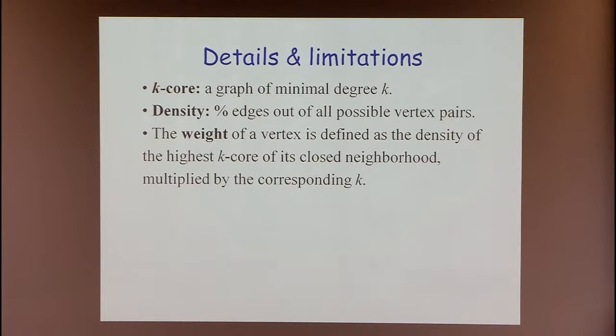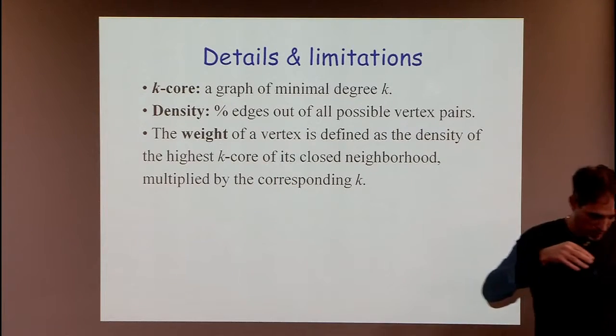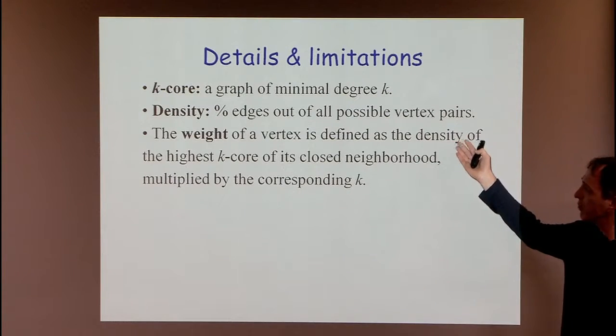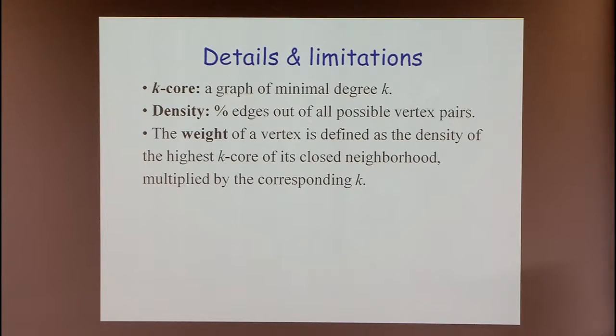Okay, so the way they define the weight of a vertex is as the density of the highest k-core in the closed neighborhood of this vertex, times the k of this k-core. So first they take the neighborhood of the vertex, and they see what is the largest k that gives rise to a non-empty k-core. Once they identify this k-core, the weight they give to the vertex is k times the density of this k-core.